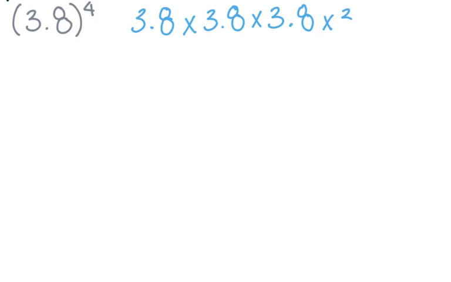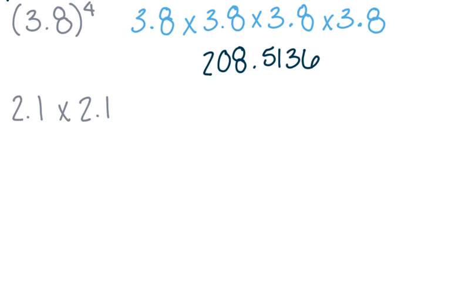So now that we have discussed that, let's put (3.8) to the power of 4 in expanded form. So we are going to have 3.8 times 3.8 times 3.8 times 3.8. And then in standard form, it is 208.5136.